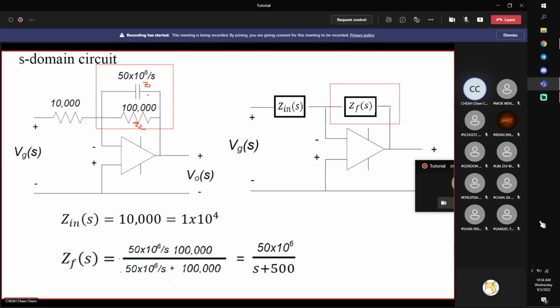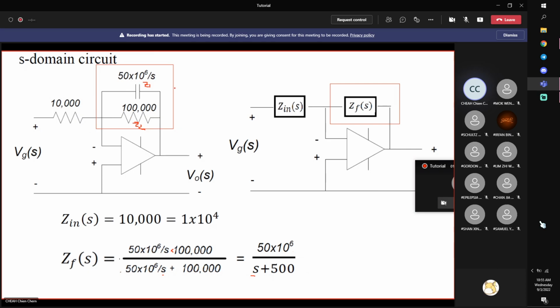How do you combine this? Z1 Z2 divided by Z1 plus Z2, correct? Parallel combination, Z1 Z2 divided by Z1 plus Z2. The only thing is that you have an s term, so leave it in the s domain, try to simplify some common terms, and this is what we get.